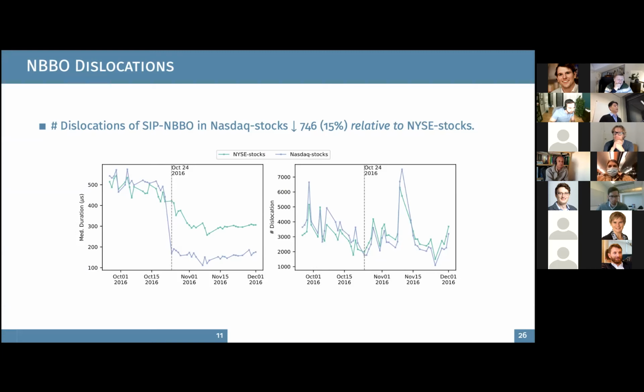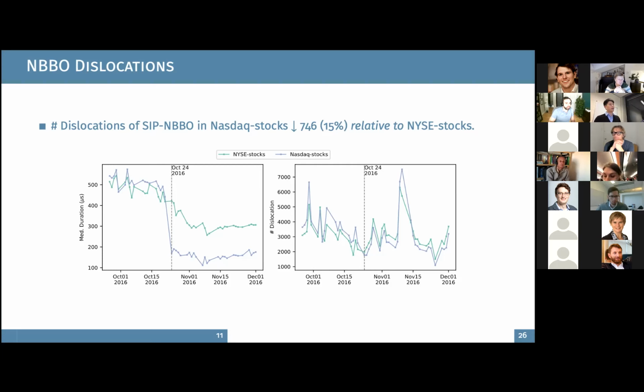One is based on the SIP time step, and the other is by participant time step. So if I have the tech data, there are 2 time steps to each message. One time step is called SIP time step. That's where the trade is disseminated by the SIP. And the other time step is called the participant time step. That's where the exchange really registers the trade in their matching engine or on the way out.